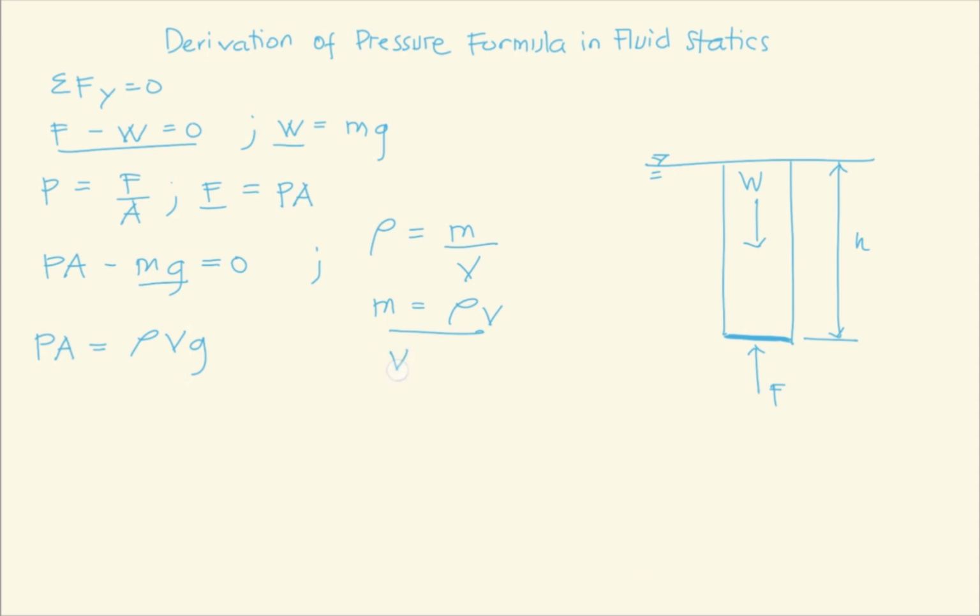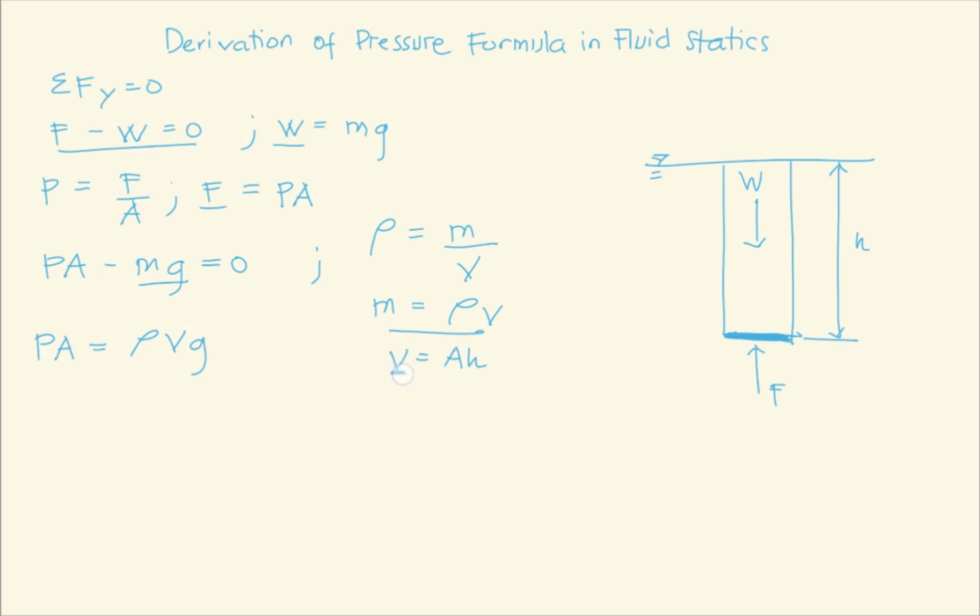Volume V is equal to the area of this cross section multiplied by the height of the column of water h.